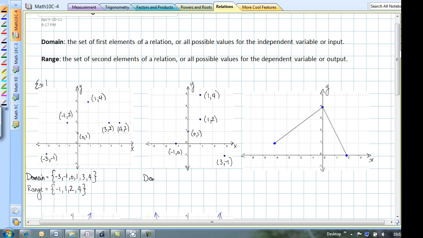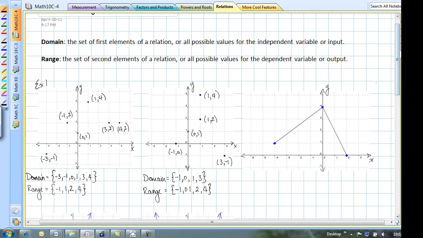So my domain, once again, is listing all of my possible x values, or everything coming from the first set. So we have -1, 0, 1, and 3. And my range is the set that contains -1, 0, 1, 2, and 4.